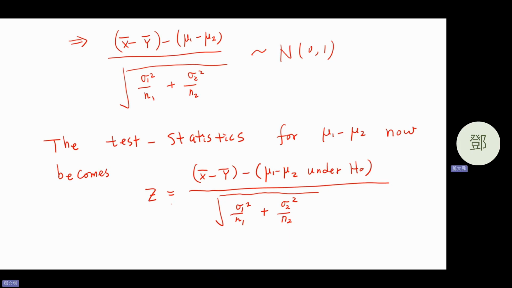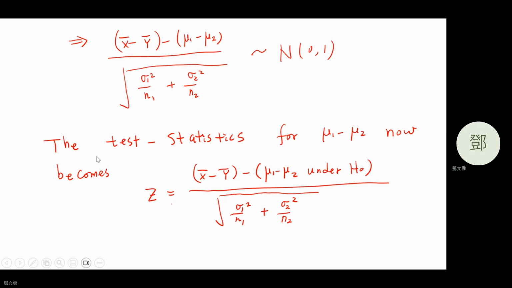And this is the standard deviation of the difference, x bar minus y bar. So what is the value of the mean? If you want the value of the mean, you have to go to the null assumption to look for its value.